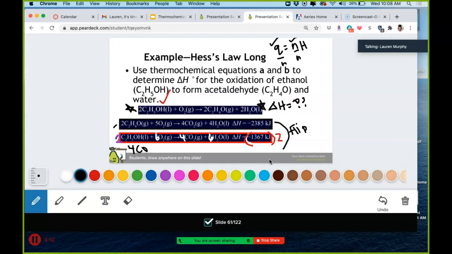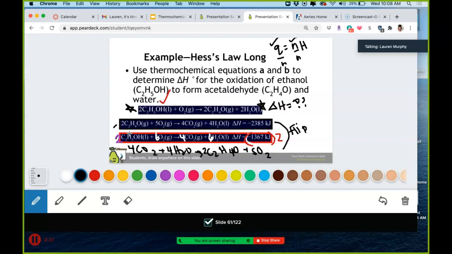Oops, that's a 2. So my carbon dioxide and my water are now reactants, and my acetaldehyde and my oxygens are products.